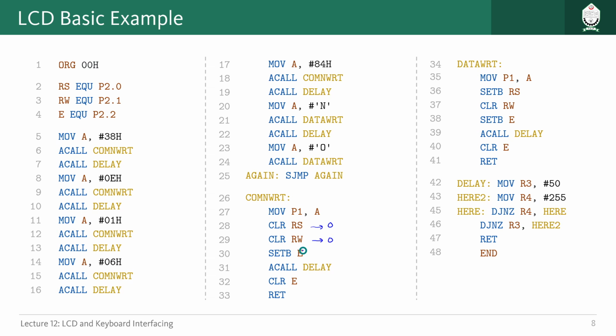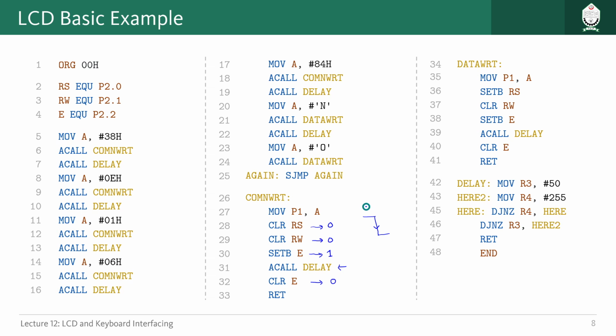And then we are going to send a high to low pulse to our enable pin, so a negative edge trigger signal. So first of all we send a high pulse to E, then give some delay, and then make E 0, right? So that will give us a signal from high to low, a negative edge trigger signal. Now why are we using this delay?